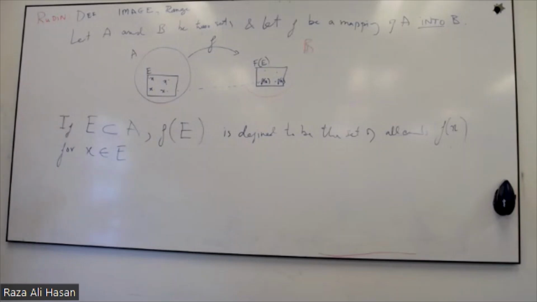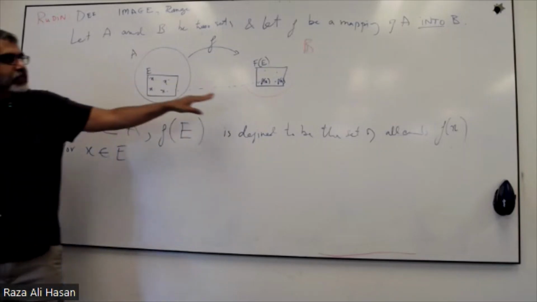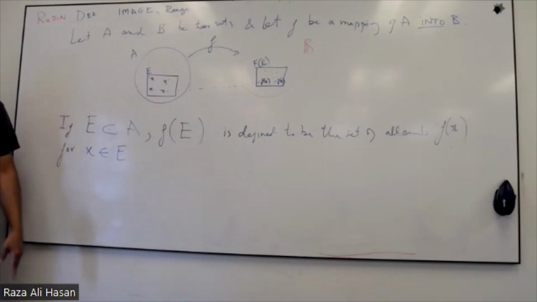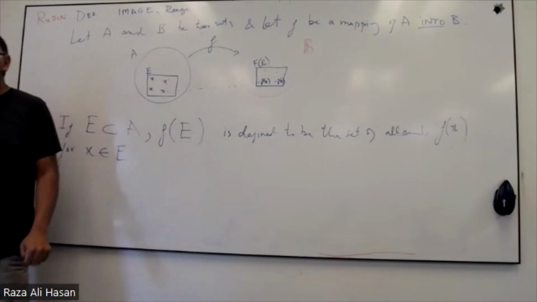Okay, so in other words, in the earlier pictures we just had a set A and set B. And now in those sets, we have subsets.